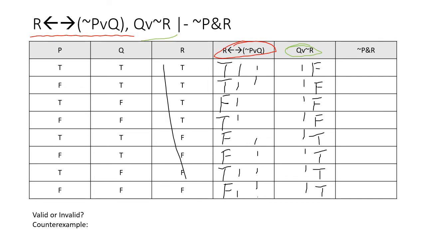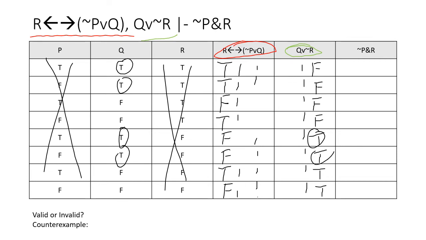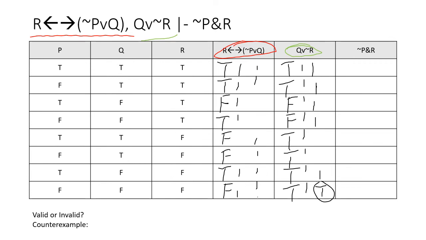And then we'll compare that with the Q, looking for instances in which one of them is true. And in these instances, they're false, so there's that. Then we can just erase these.